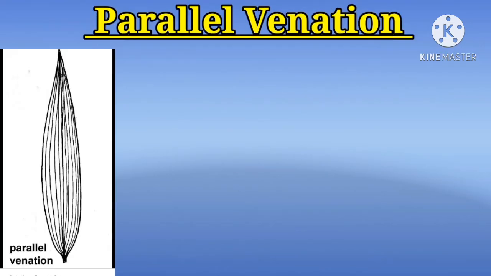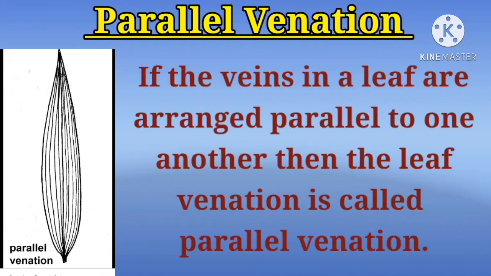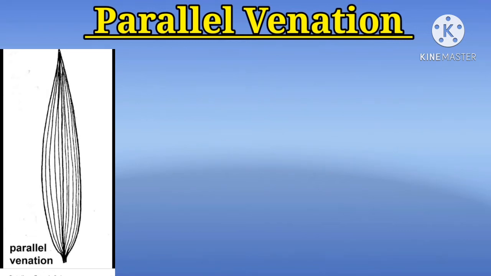Okay. Now let us see what is parallel venation. If the veins in a leaf are arranged parallel to one another, then the leaf venation is called parallel venation. Children, here the veins do not meet at any point. They are arranged parallel to one another.